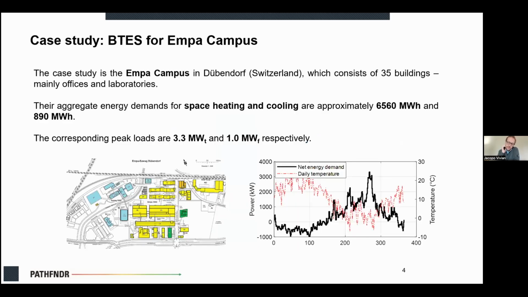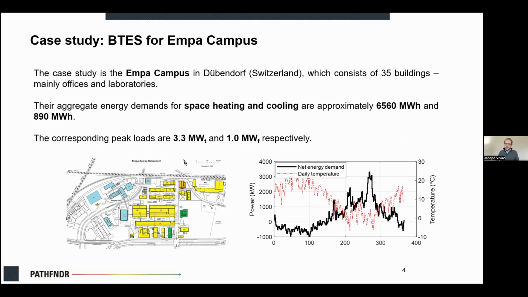So let's go to the case study part, which I believe is more interesting. The first case study was the Empa campus, where we want to investigate, starting from a previous research by my colleague Massimo Fiorentini, the optimal design and operation of borehole thermal energy storage system.